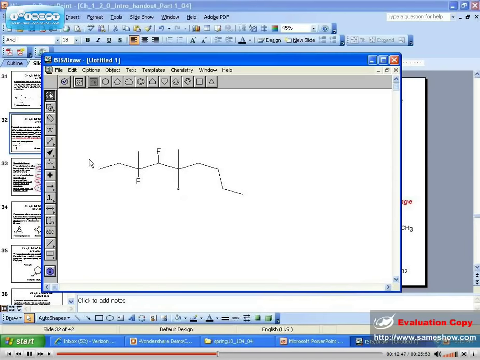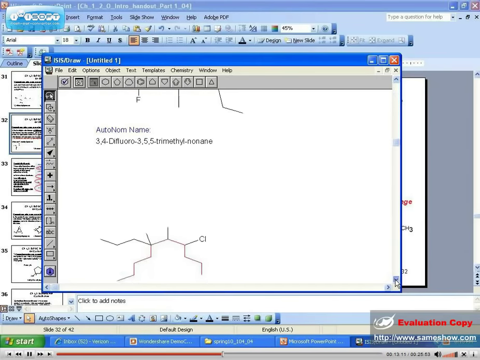We'll be starting from left to right as this parent N is closest to this substituent. So let's go ahead and name it. And we have a 3,4 difluoro 3,5,5 trimethyl nonane.